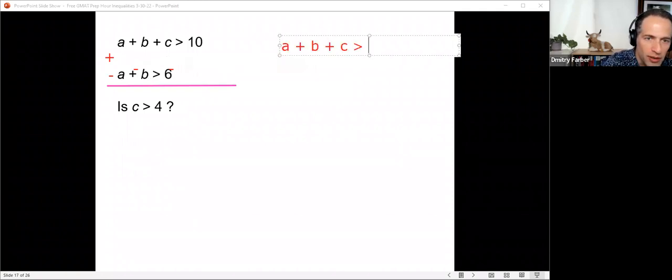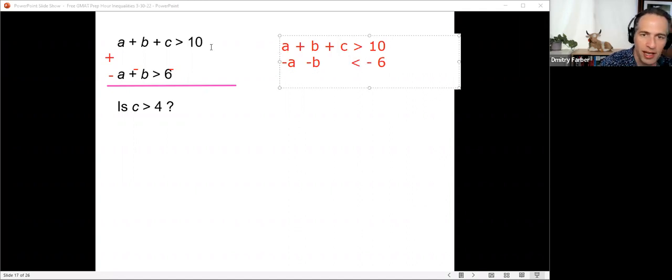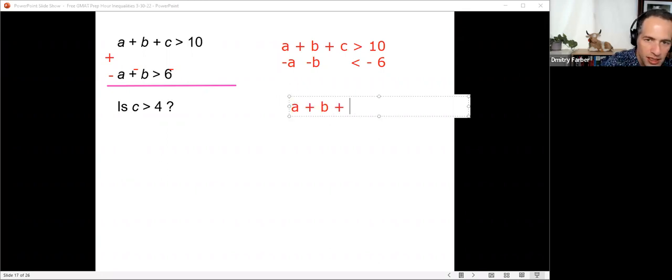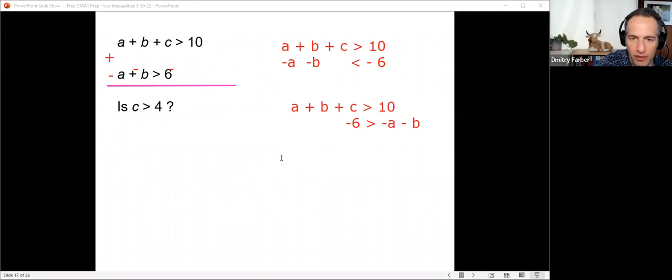I can't know whether c is greater than 4, and I can prove it by adding, well, I'd have less than -6, so I can't even do it, right? So I'd have negative a plus negative b is less than -6, but now I have different signs, so I'd have to do a plus b plus c is greater than 10, and -6 is greater than -a minus b, and this is just terribly unhelpful, right?